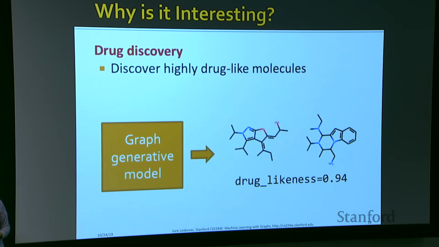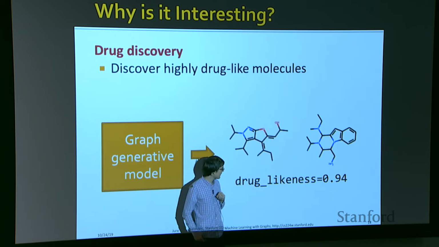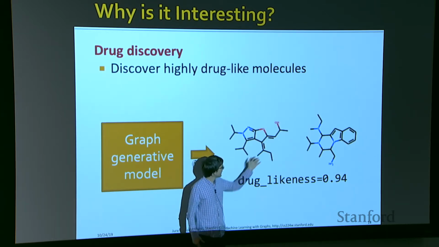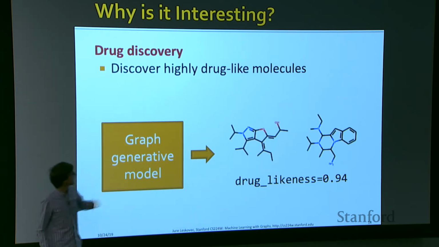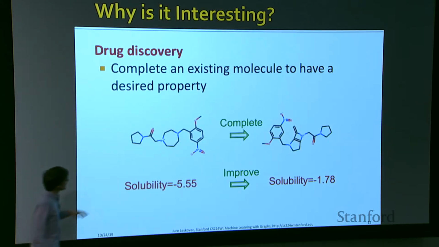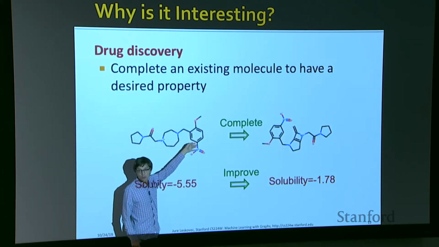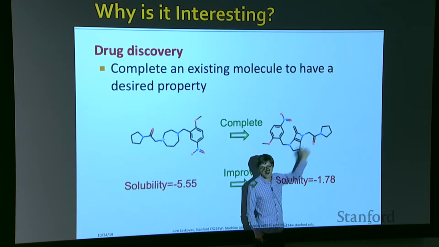So as I said, we want to have a box that generates realistic graphs. If we want to generate molecules, we'd like our graphs to look like molecules, like I show you in this slide. What we can also do is to say, can I do graph completion, where the idea would be that you have part of the molecule already generated, and you want to complete that molecule to the end.